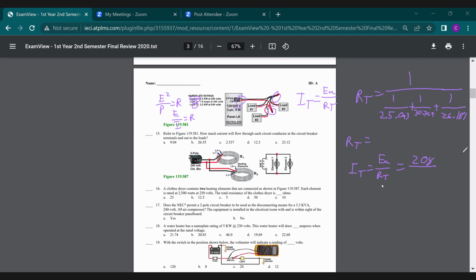Press my 1 over x button, press the plus, type in 26.181, 1 over x, press equals, and then press 1 over x again, and that got me a resistance total of 9.039 ohms. Does everybody agree?